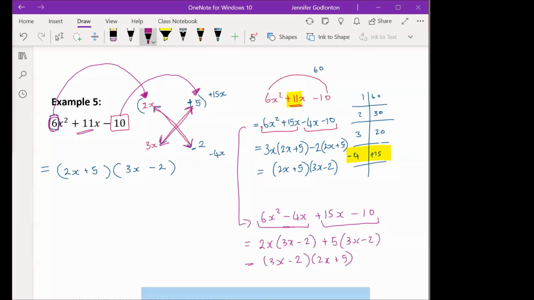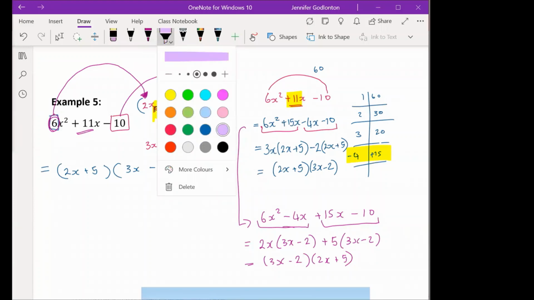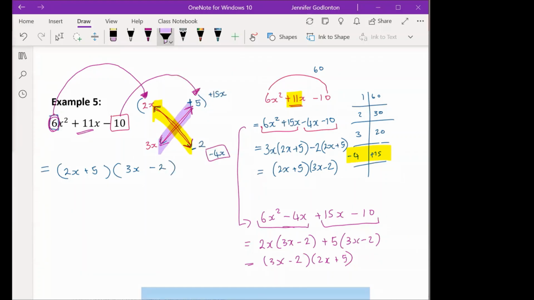So I'm multiplying these two together here. 2x times negative 2 is going to give me negative 4x. And over here, 3x times 5 is going to give me positive 15x. And positive 15x minus 4x is going to give me 11x.